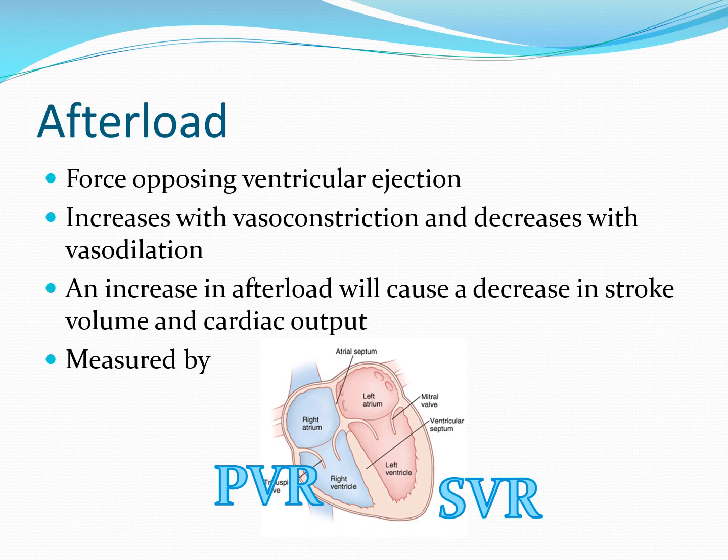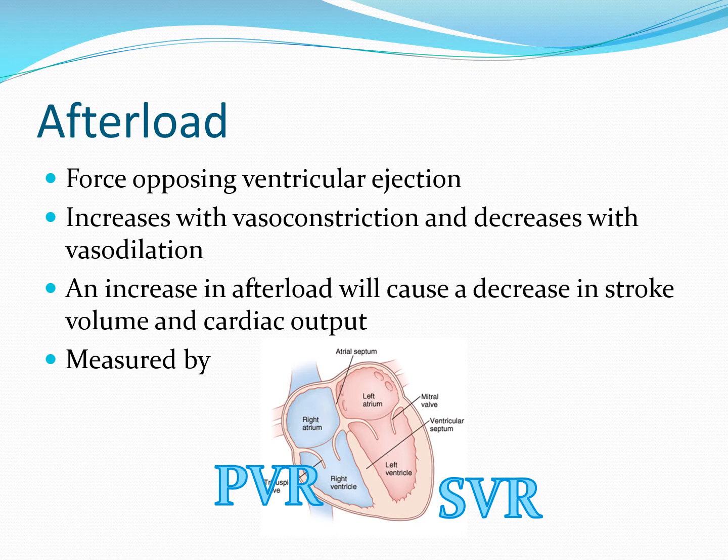If I have these very, very vasoconstricted little micro vessels, my heart is going to have to squeeze a lot. It's going to have that force to overcome to get that volume into those vessels. We measure afterload by PVR and SVR, your pulmonary vascular resistance, which is the force of the right ventricle that has to overcome to get the blood flow into the vessels in the lungs.